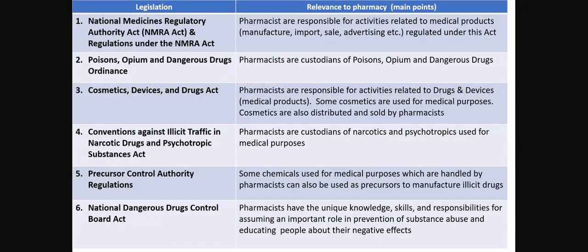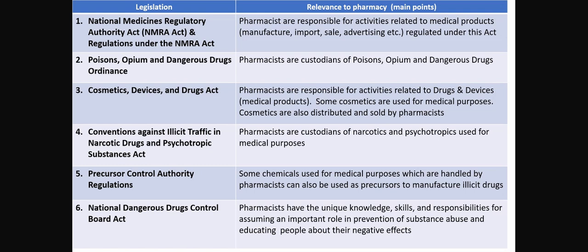NMRA Act. Pharmacists are responsible for activities related to medical products, manufacture, import, sale, and advertising, regulated under this act. Poisons, Opium, Dangerous Drugs: pharmacists are custodians of poisons, opium, and dangerous drugs, right? So you can't allow any other person to handle the poisons, opium, and dangerous drugs. Cosmetics Devices Drugs Act: pharmacists are responsible for activities related to drugs and devices.